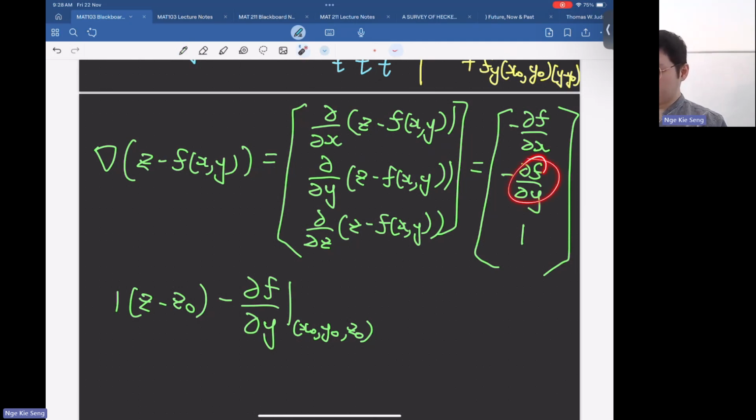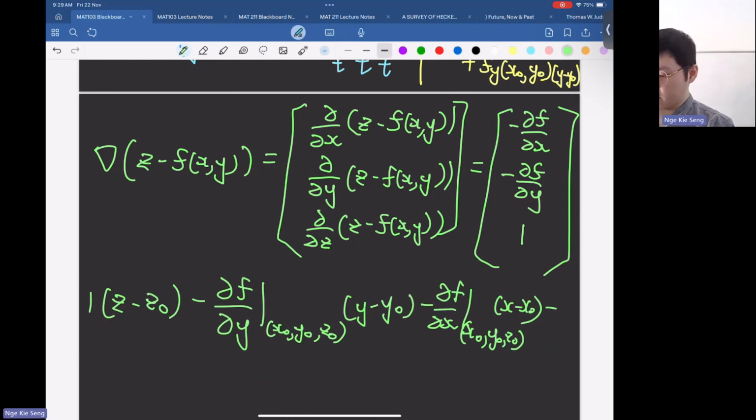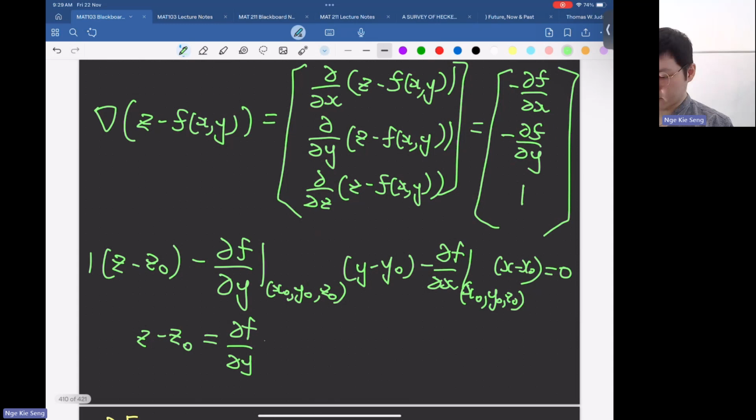Because my function only has x and y. Times y minus y naught, minus del f over del x at x naught, y naught times x minus x naught equals 0. Okay, so if you rearrange it, you really get the same tangent plane formula you started with. Okay or not?